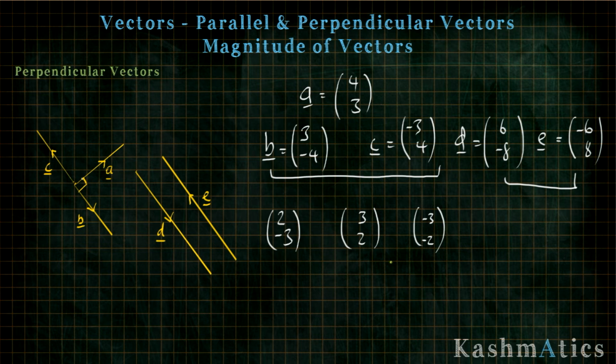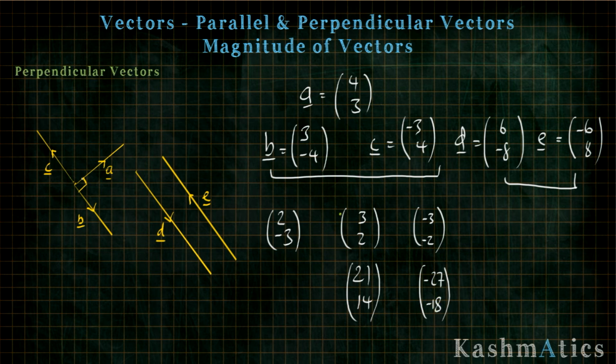Both of these vectors will be perpendicular to (2, -3). If I want to make another perpendicular vector, I could just multiply this one up. I can pick any number I like, something like 7. 3 times 7 is 21, 2 times 7 is 14. Or I could do the same with this one. Let's pick 9. -3 times 9 is -27, and -2 times 9 is -18.